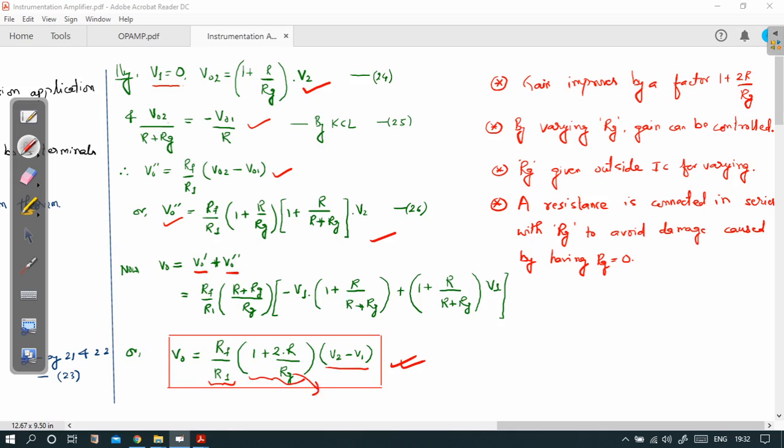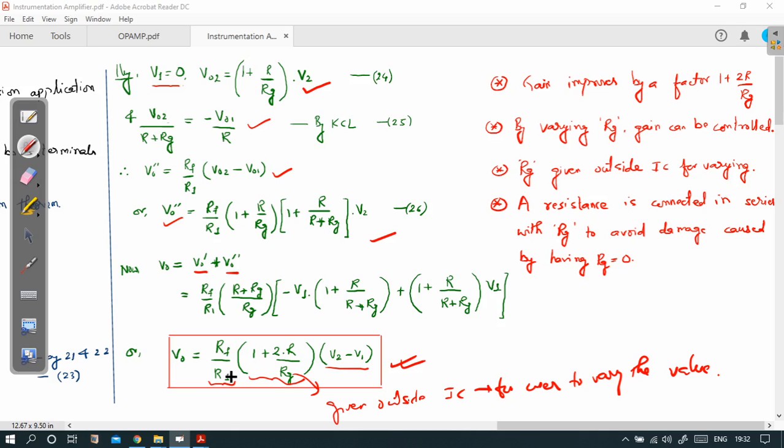And this RG is given outside the IC for the user to vary. So you as a user can vary the value of RG to increase or decrease the overall gain of this instrumentation amplifier.